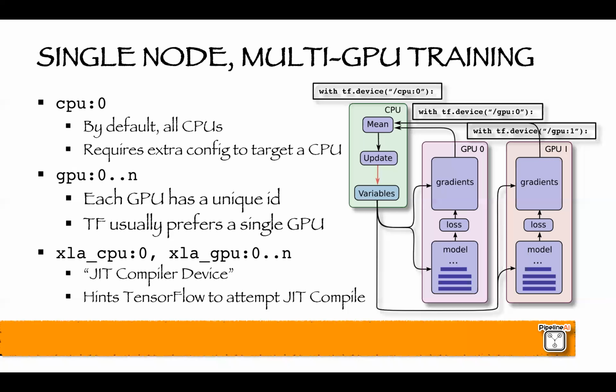There's another device that, if you think of it logically like a device, is called the XLA device. Now, we haven't talked about this. We will here in a bit. Very soon. That's the next section. But just know that you're saying use CPU, but also try to just-in-time compile.